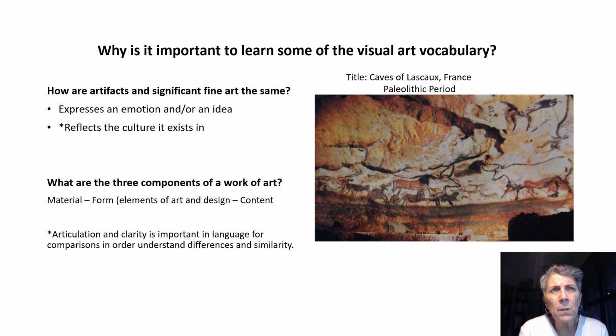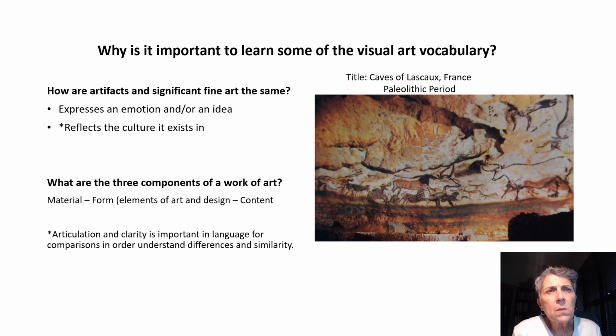So it's important to not only know the title and the period, but also to be able to describe them. Articulation and clarity is very important in language. It's important for you to make comparisons, as well as using the correct language to understand the differences and similarities in a much broader context, if you can articulate what you're describing or what you're seeing.